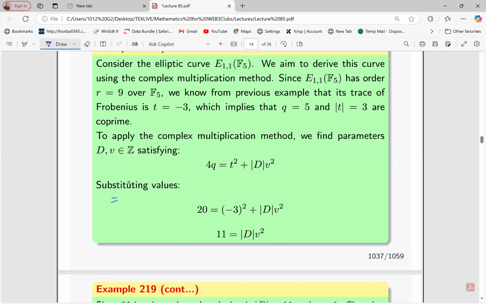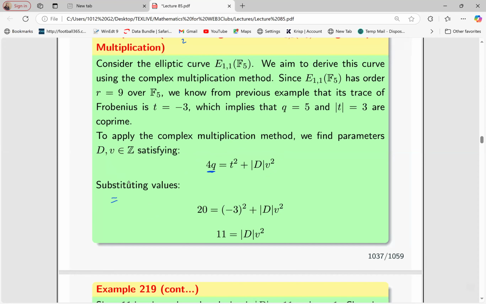Now, my Q is 5. 5 times 4 is 20. My T was -3. So -3 square plus the magnitude of D times V square.